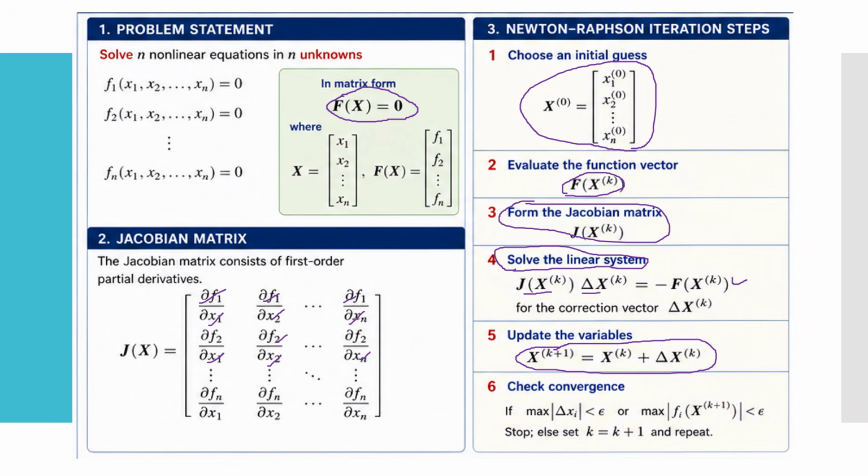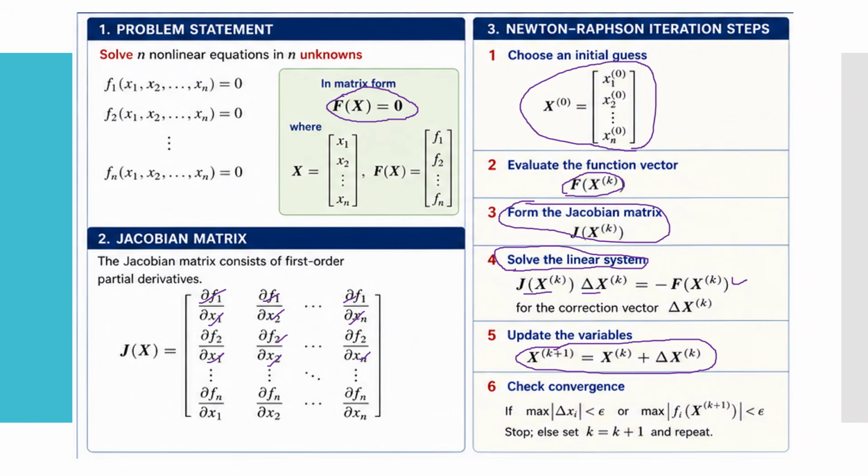If we have 3 or 4 variables, then we calculate an n by n Jacobian matrix. We will use the initial estimate to calculate the value of the function at the initial estimate. Then we'll calculate the Jacobian matrix. Then we'll put in our equation to get the change in the variable at iteration k.